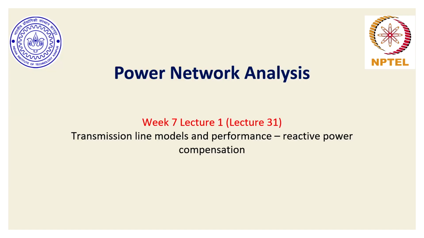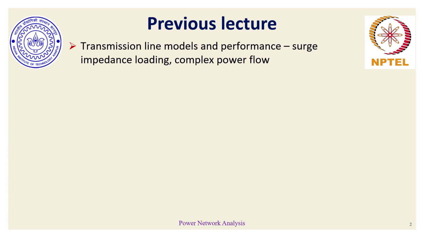So the overall takeaway from today's lecture is that we need reactive power compensation to ensure proper voltage profiles in the transmission line when the lines are loaded beyond surge impedance loading. We discussed surge impedance loading in the previous lecture and talked about complex power flow expressions.